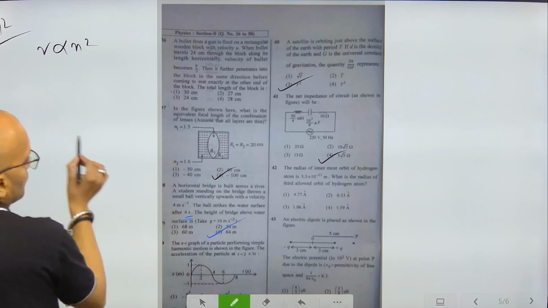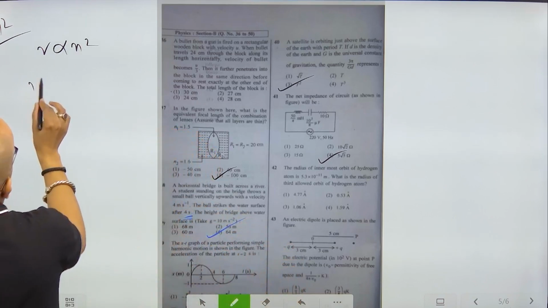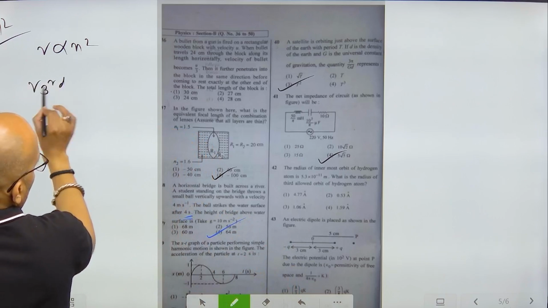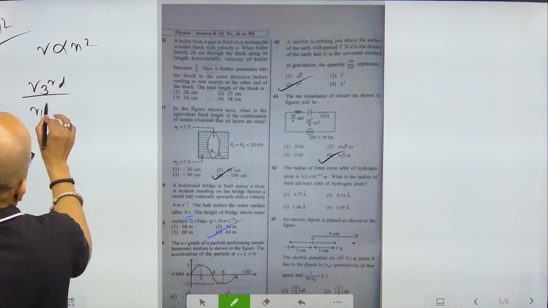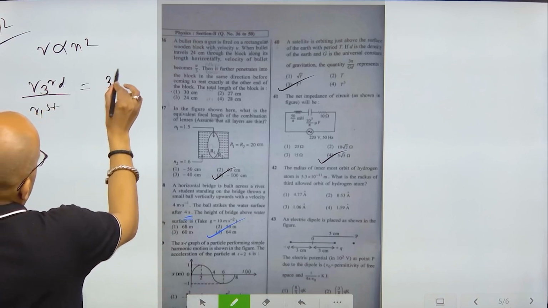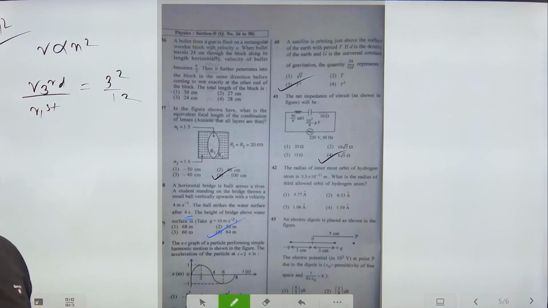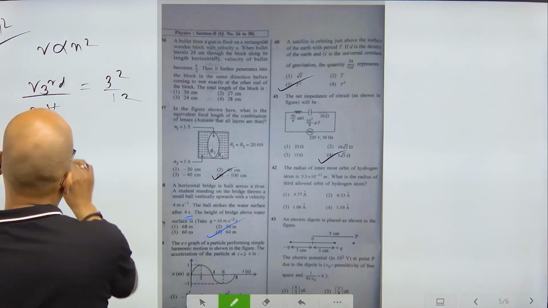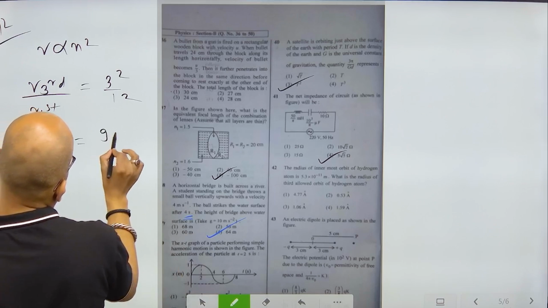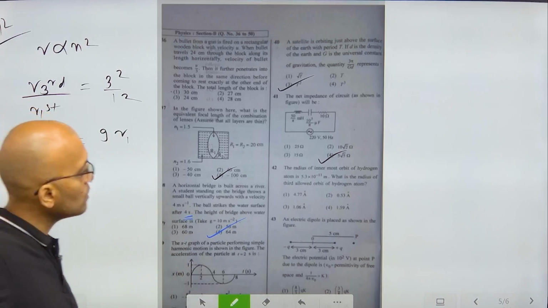So R of third orbit upon R of first orbit will be what? R is directly proportional to n square, that is 3 square upon 1 square. Yes or no? So R3 is equal to 9 times R1.